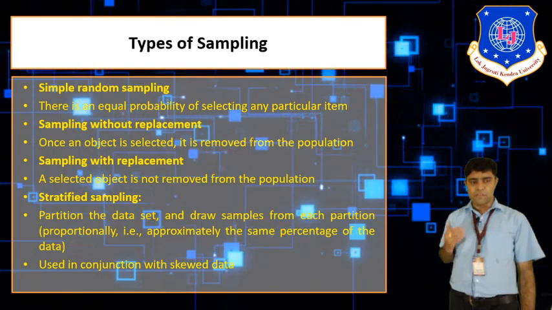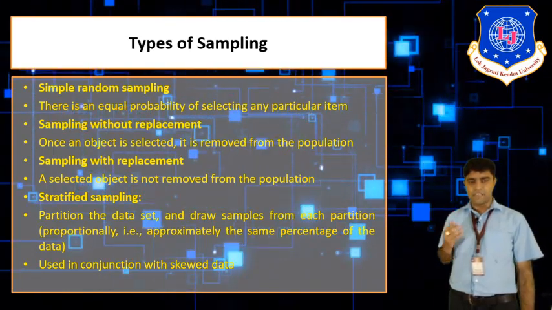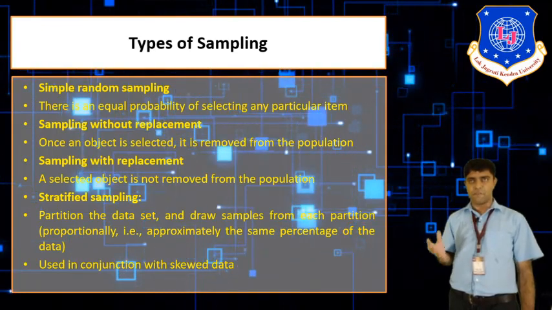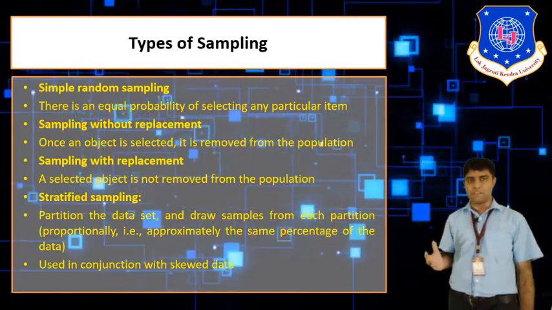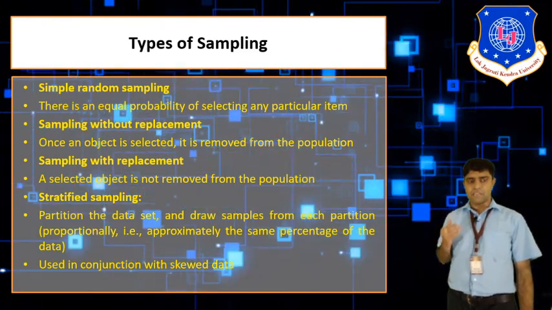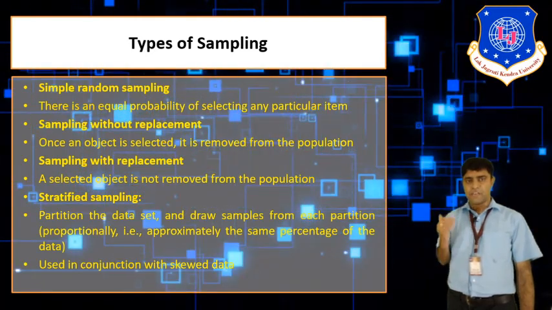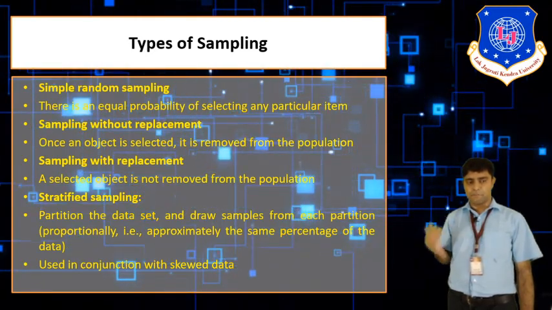Sampling without replacement: once an object is selected, it is removed from the population. So once we have selected the object, it is removed from the sample population. That is called sampling without replacement. Sampling with replacement: once an object is selected, it is not removed from the population. That is called sampling with replacement.